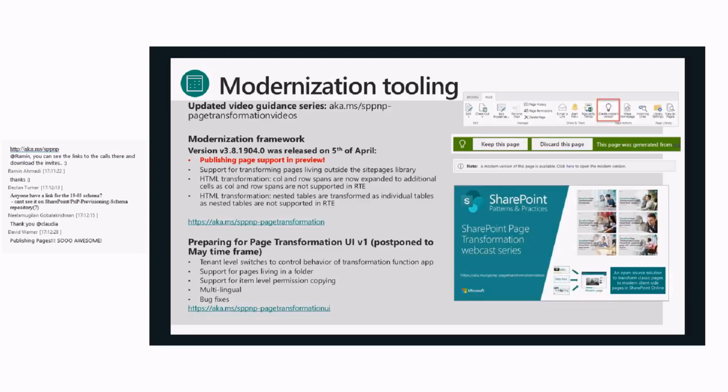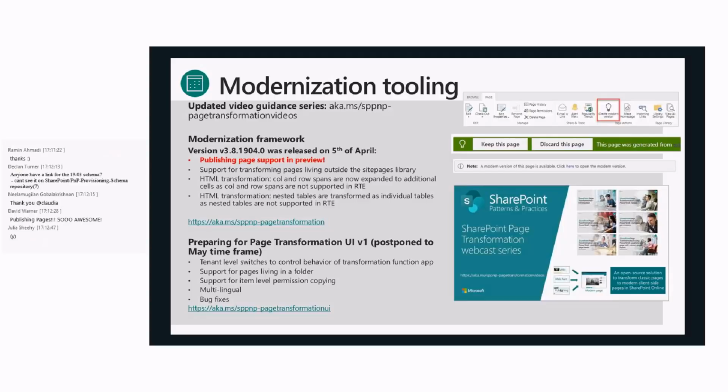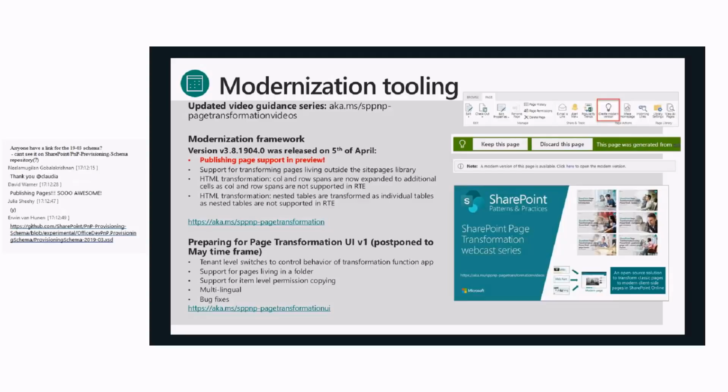Obviously, we want people to move to the modern, and all of this tooling is helping people make a transition from the classic experiences to the modern. So really, really cool. And like mentioned on the IAM window, David, thank you. So public space support is now in preview. There are more updates coming up on all of this stuff later.